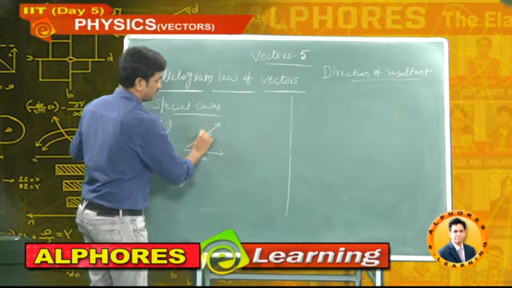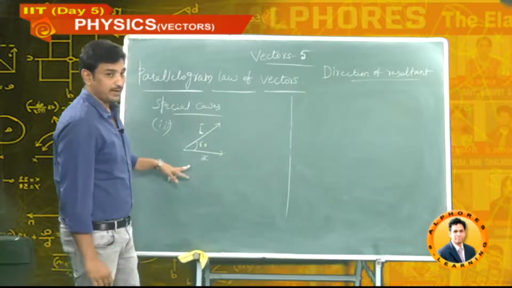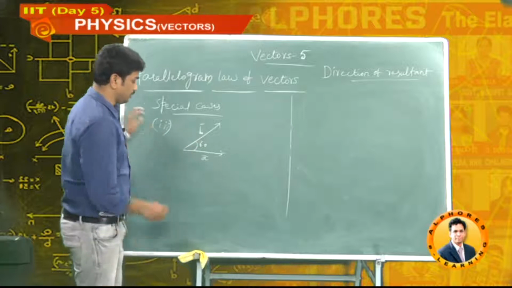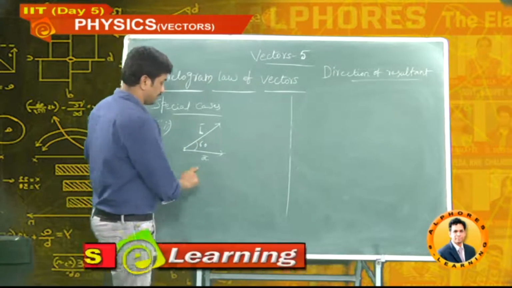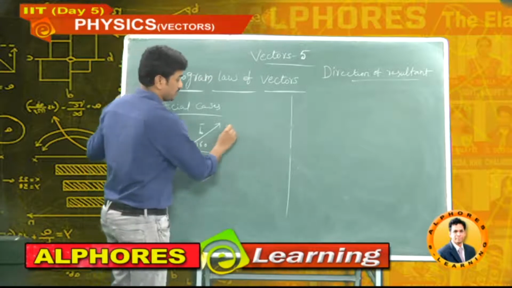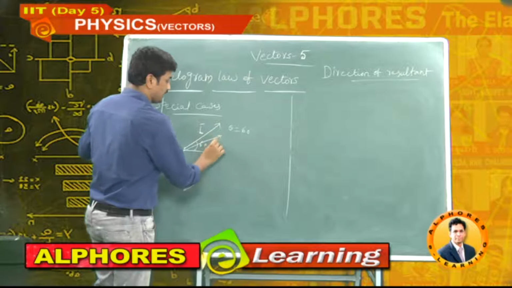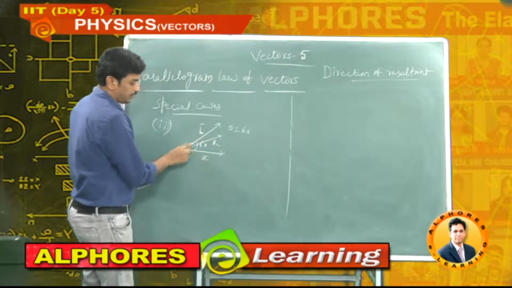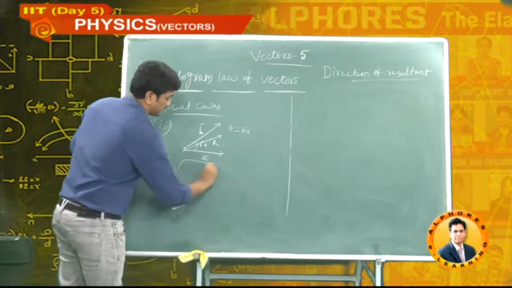Now A bar, B bar, angle 60. If angle between A bar and B bar 60, because tail of B bar, tail of A bar, angle between two vectors 60, theta value 60. What is the resultant? Resultant always between two vectors. Now, what is the magnitude of the resultant?